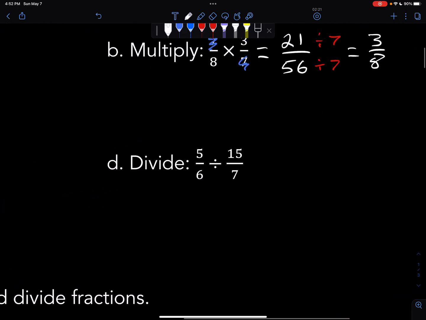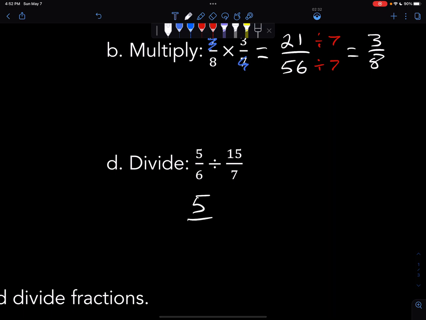Moving on to D. Same thing, copy dot flip. So we will copy the first fraction, 5 over 6. Dot, flip the second fraction to 7 over 15.